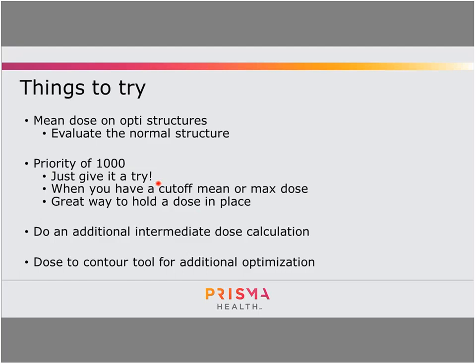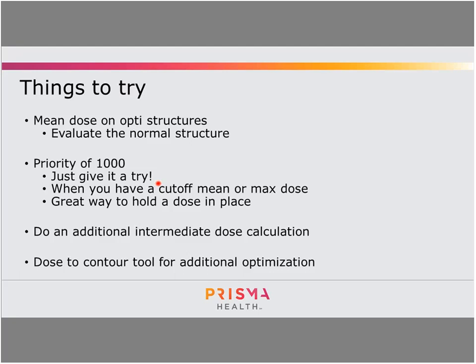So if one of your PTVs is covered, let's say you have it at 98% coverage, but you only need 95, you could set a lower constraint at 95 with a priority of 1,000, and then start going through and adjusting your normal tissues and try to see how much you can actually spare those structures. And it'll hold your PTV coverage in place as long as you don't put in a priority of 1,000 on every target.